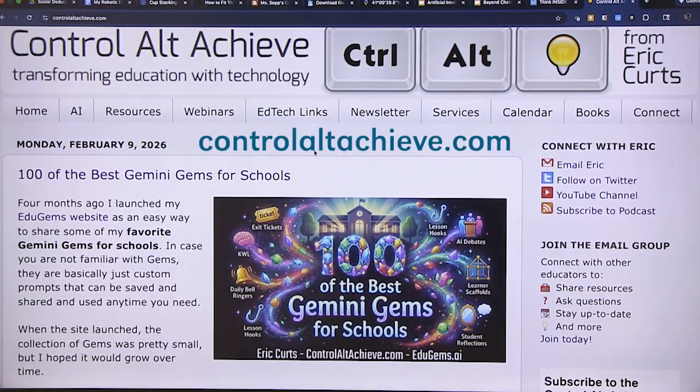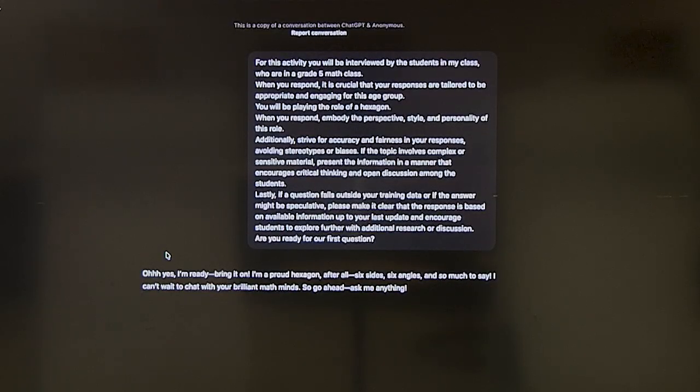And so I came across this gentleman and he actually has it broken down. So he suggests the idea of having ChatGPT take on different role-playing personalities. And so a couple examples that he gave was by having this pose as a 5th grade math class and that it is a hexagon.